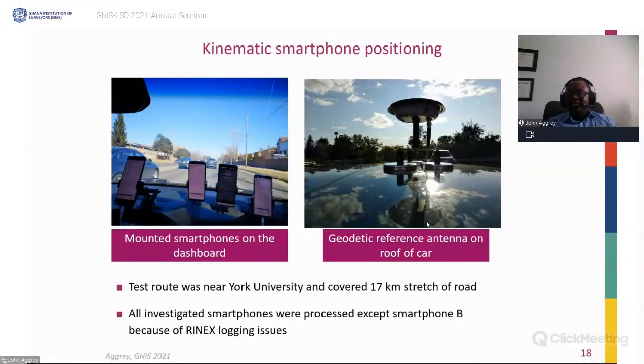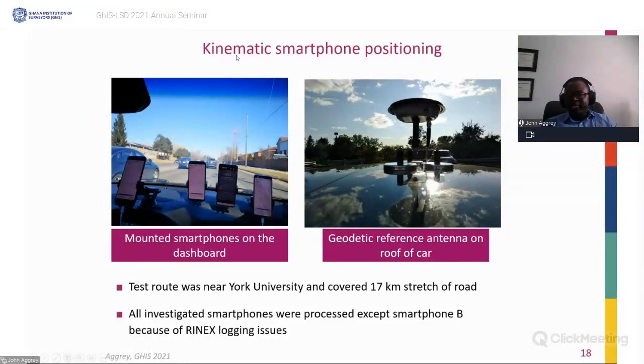In this case, I actually went on a joyride with the smartphones. In other words, I took the smartphones and did a kinematic test with them. I mounted all the smartphones inside my car, and then I mounted a geodetic receiver on top of the car in order to make sure that I use a geodetic reference to test the smartphones.